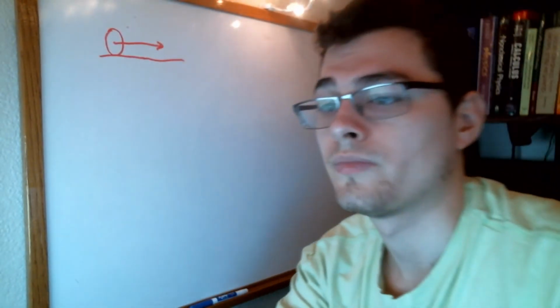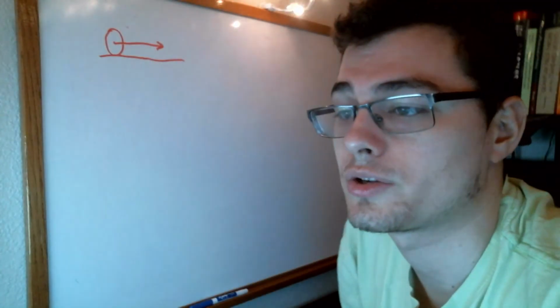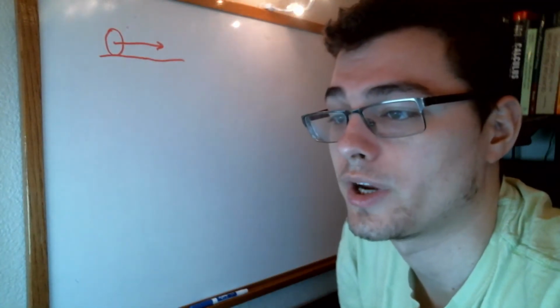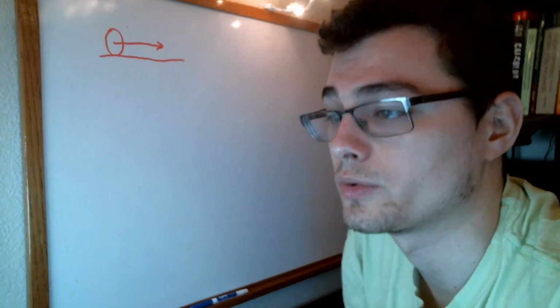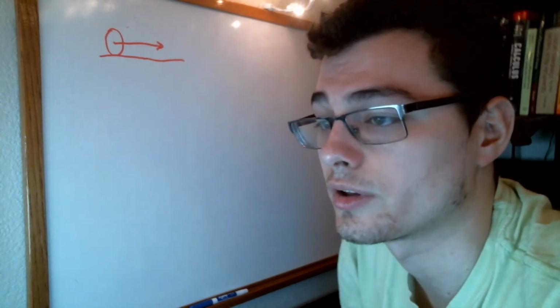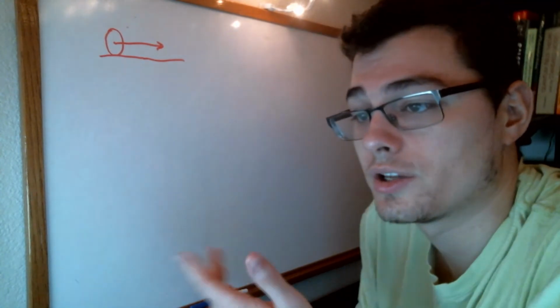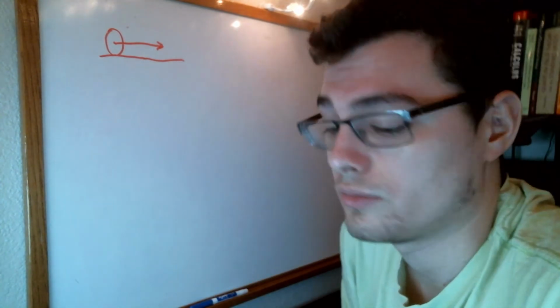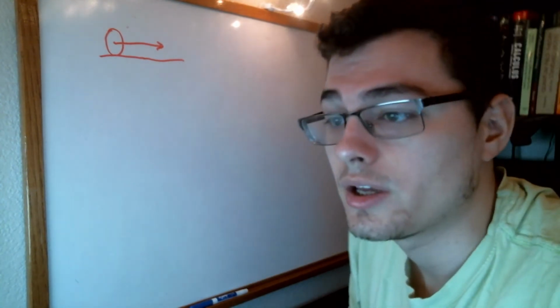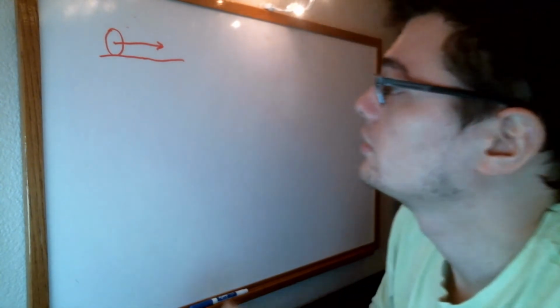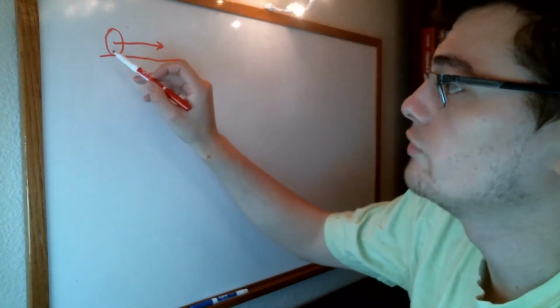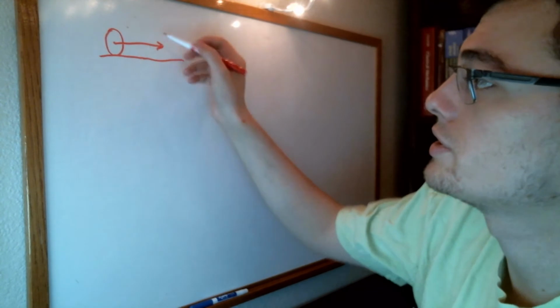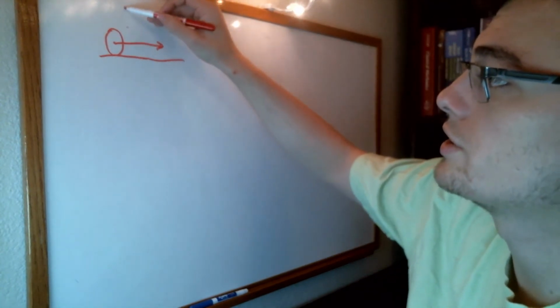Okay, hello. So the next question that we have: suppose half the weight of a small utility truck is supported by its two drive wheels. Assume that the coefficients of static and kinetic friction are certain variables. So one thing that we can say is that the tire doesn't actually move along the road, all it is doing is rolling.